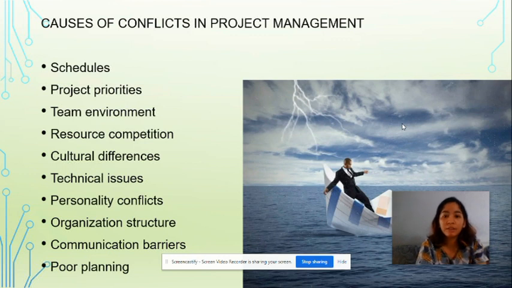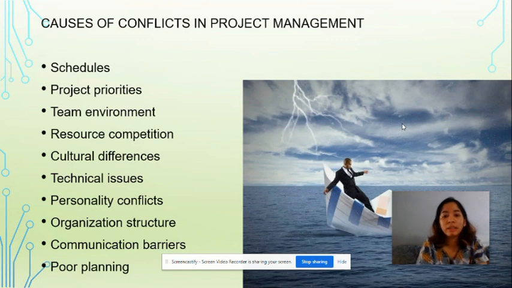I have stated a few common sources of conflict, especially in the project environment. For example, scheduling, project priority, team environment, resource competition, culture difference, technical issue, personality conflict, organization structure, communication barrier, poor planning.